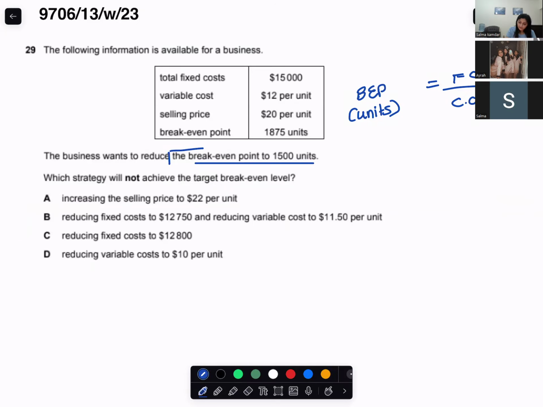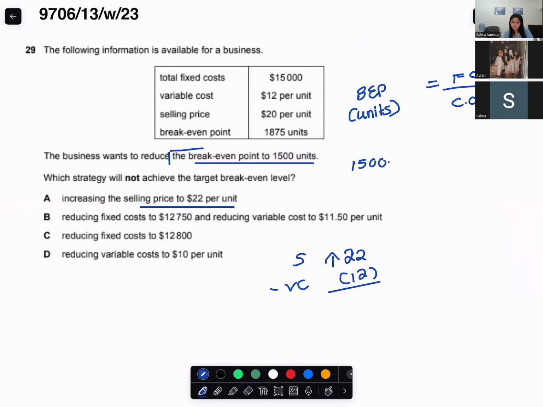So break-even point, you want how many units? 1500 units. Increase the selling price to 22. So it will be 1500. Increase my selling price to 22. What will be my contribution per unit? 12. Please use your brains to answer.